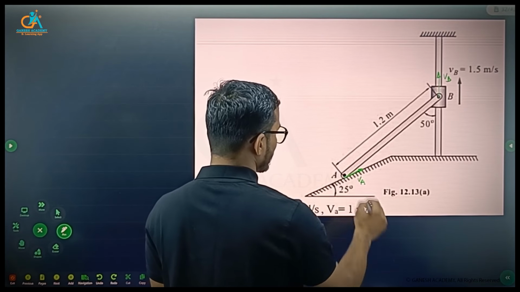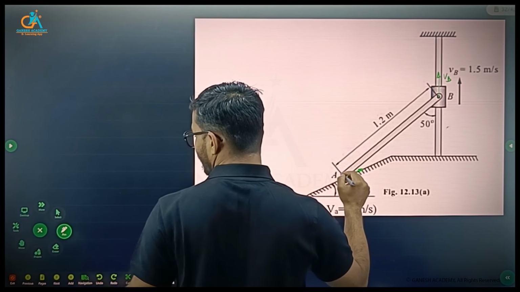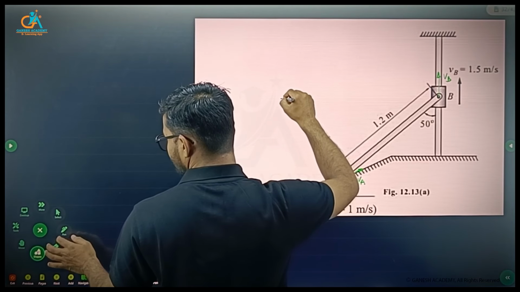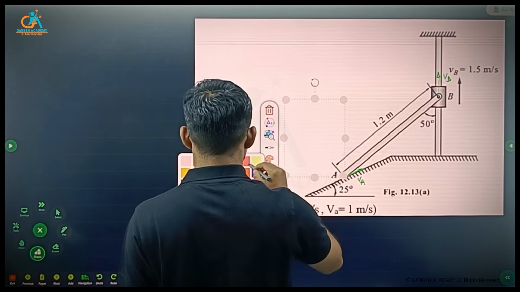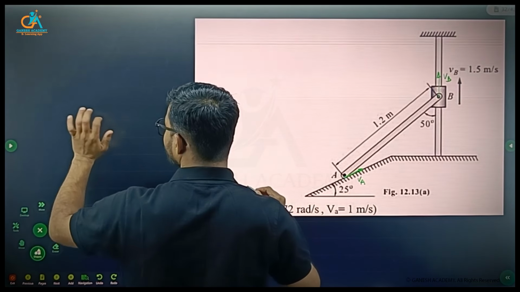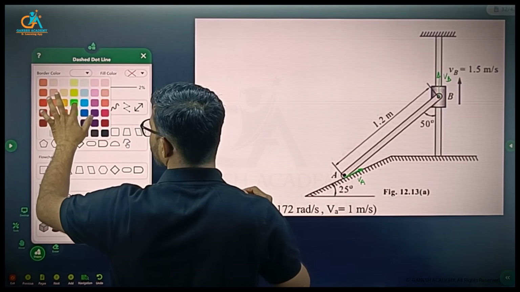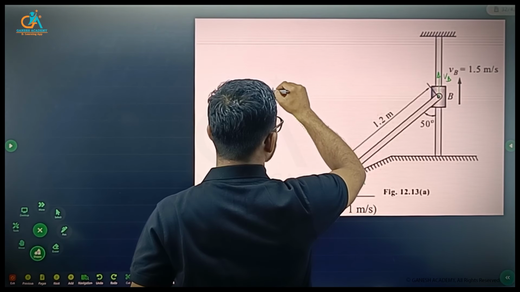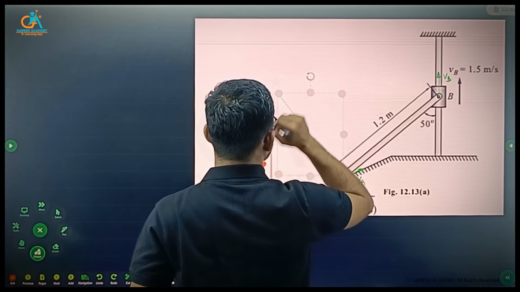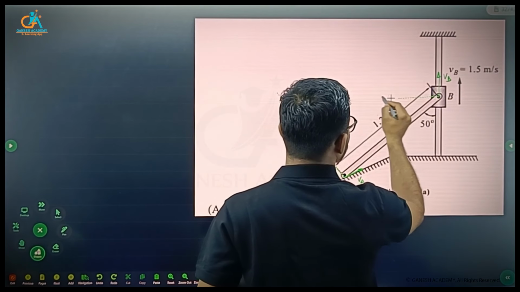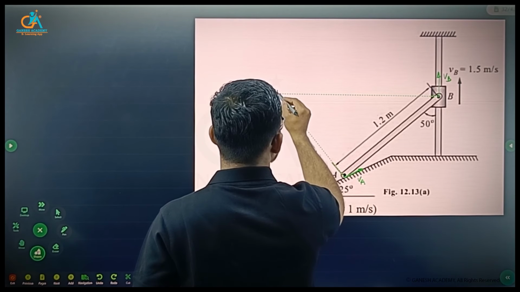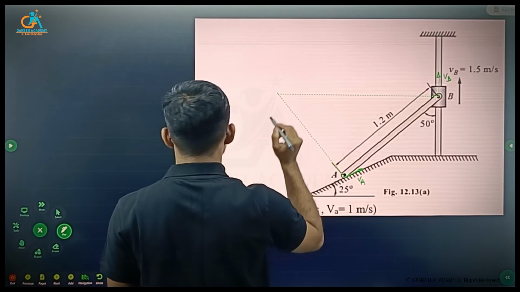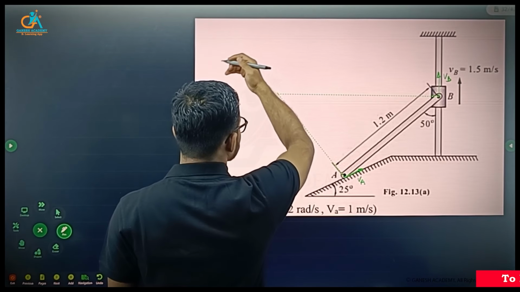So first of all, draw a perpendicular from A, and again to the velocity component at B, draw a perpendicular.